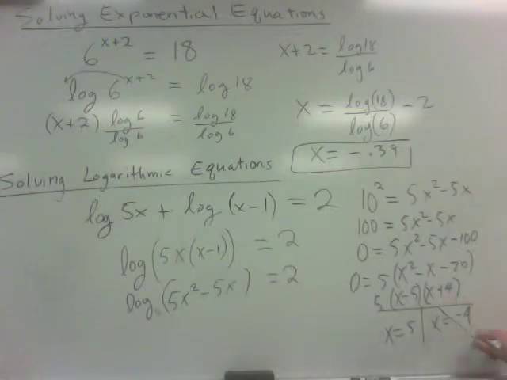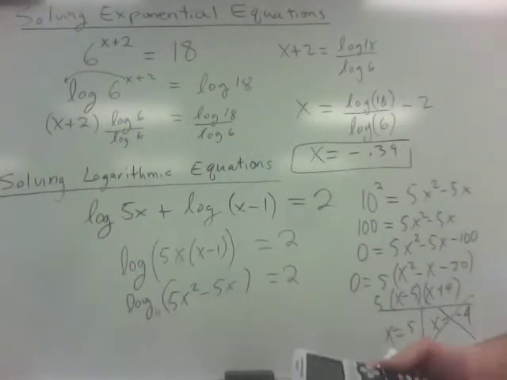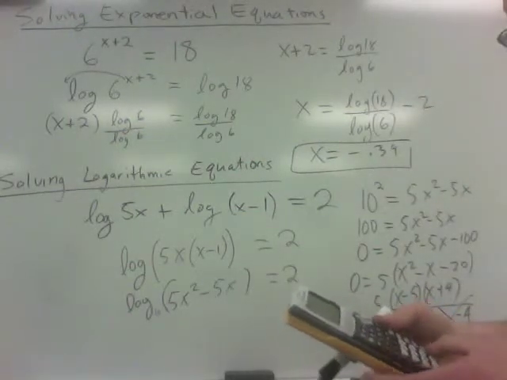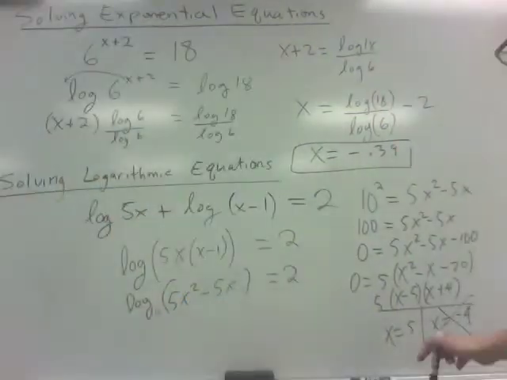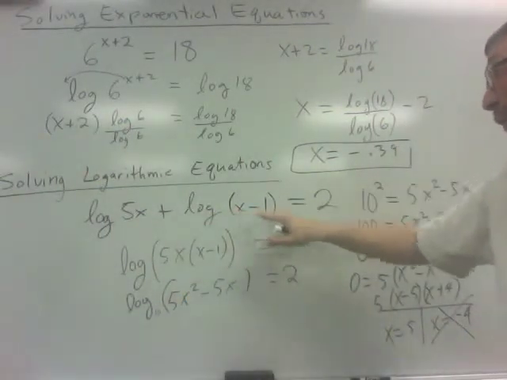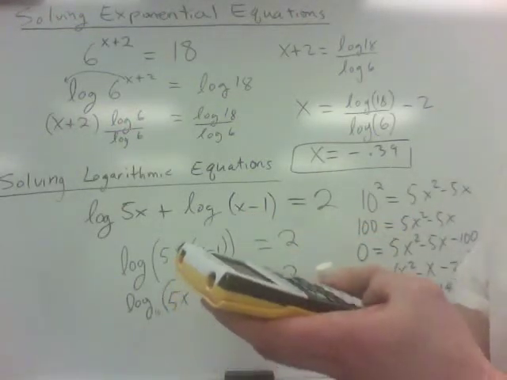The 5 actually does work out just fine because the log of 5 times 5 is the log of 25. You just type that in. The log of 25 is all that. And then plus the log of 5 minus 1, which is the log of 4. So I could do plus the log of 4.